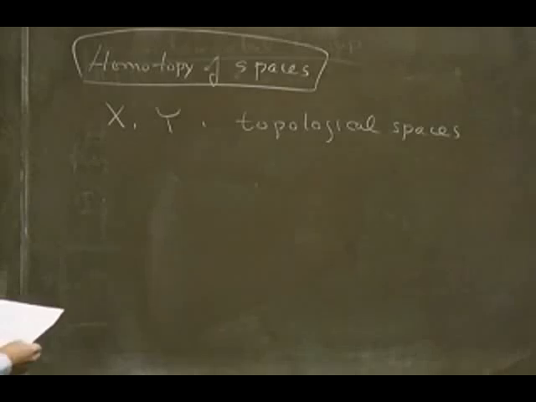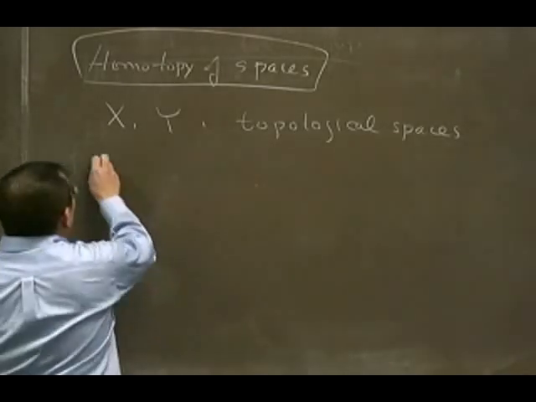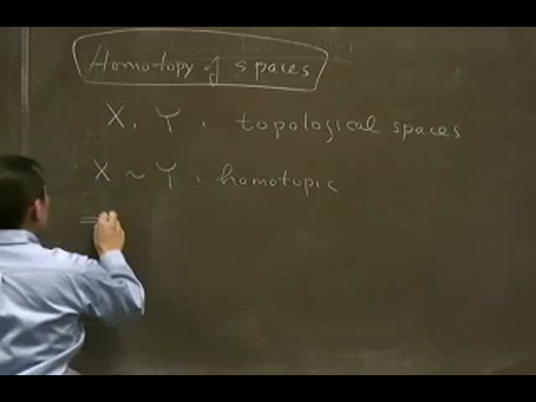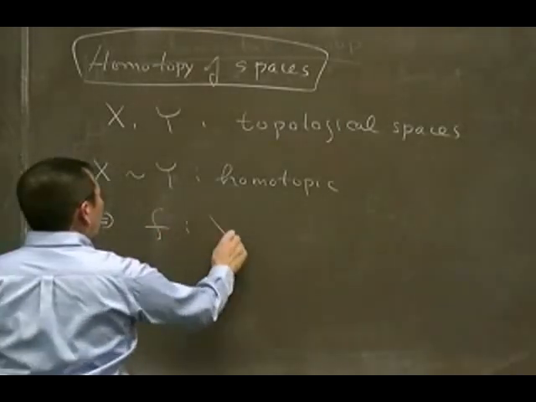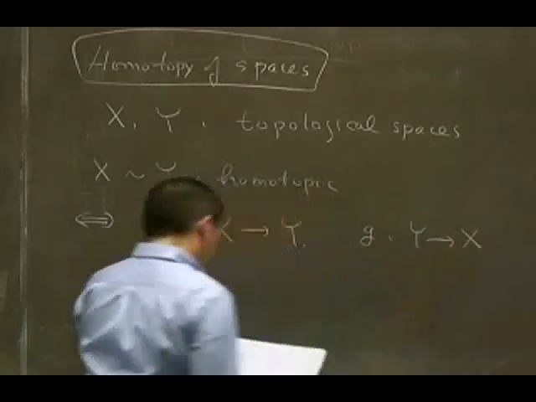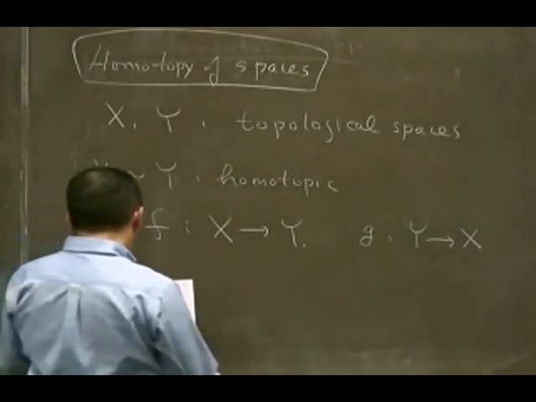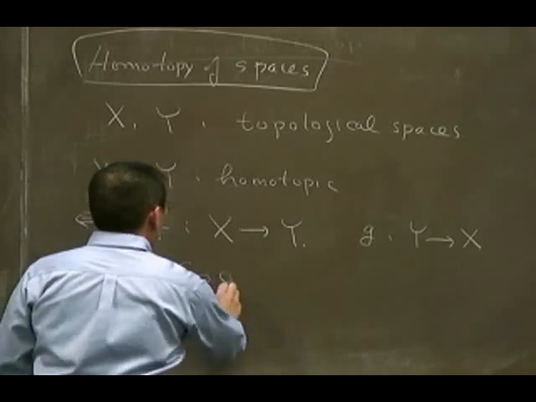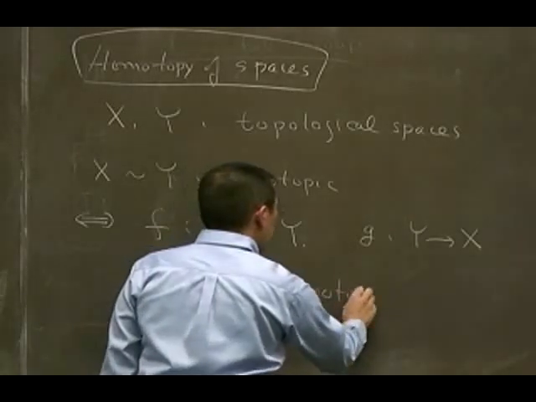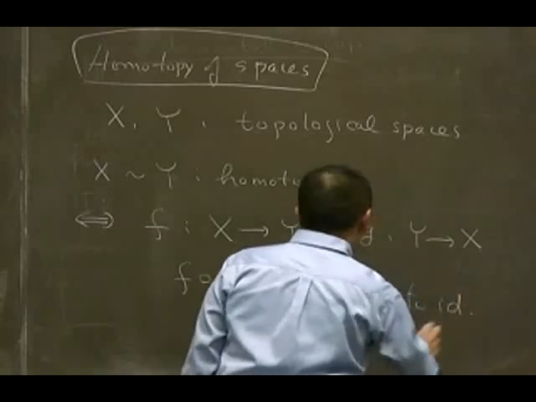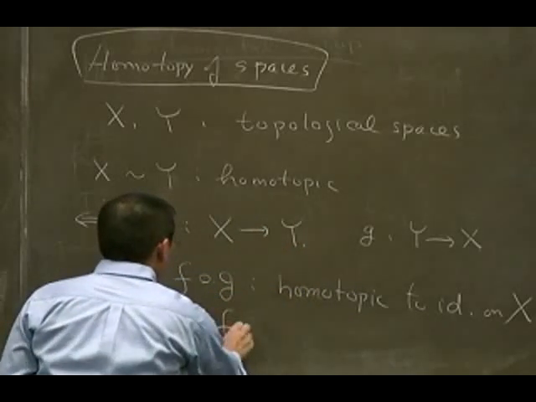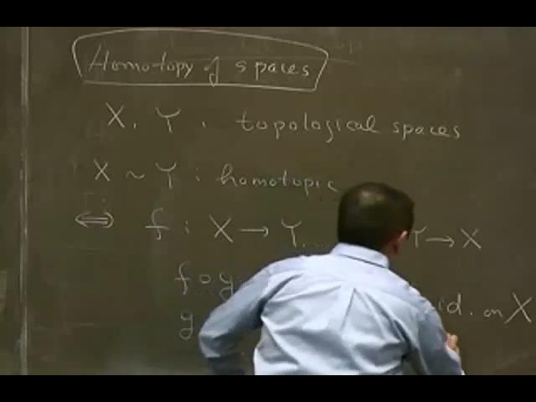We say that X and Y are homotopy equivalent if there is a map from X to Y called F, and another map from Y to X called G, in such a way that the combined map G after F is homotopic to the identity on X, because it starts from X and comes back to X, and F after G is also homotopic to the identity on Y.